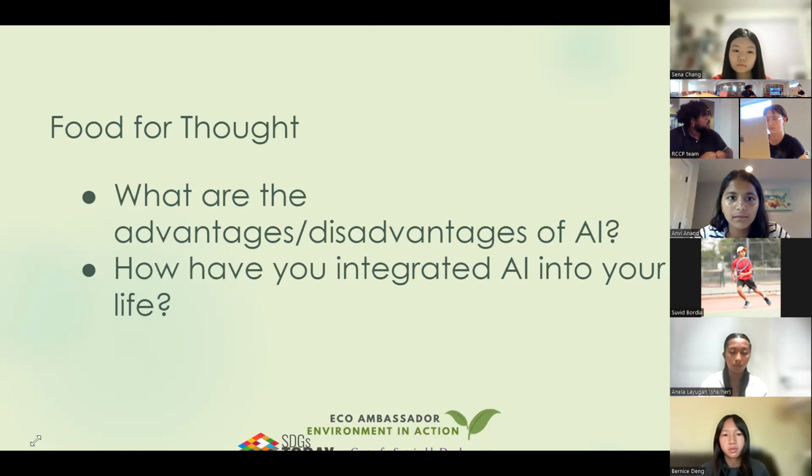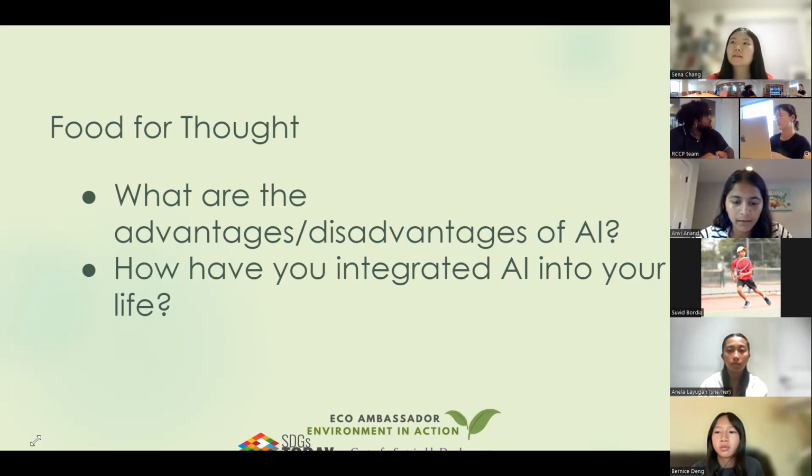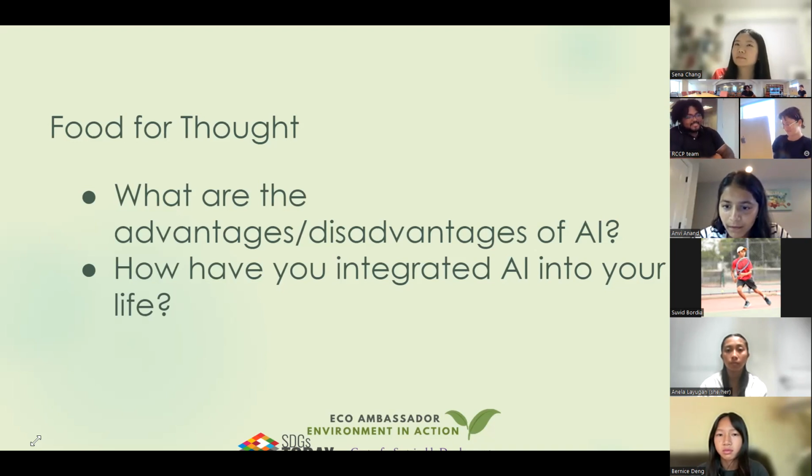Very interesting. Senna, your hand's raised. Just adding on to what Anvi said, I really fear us turning into sheep and becoming overly reliant on the information that AI is providing us. One scenario I imagine is some sort of totalitarian government using AI to push their own agendas.